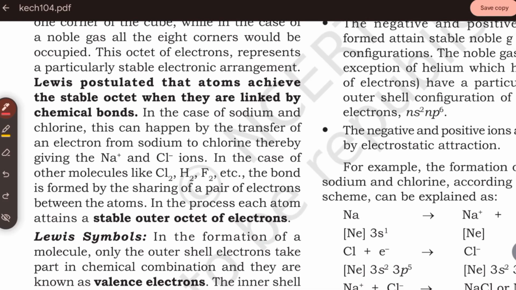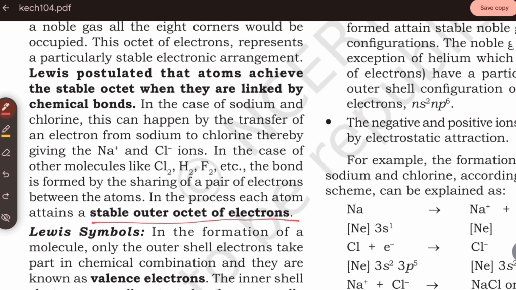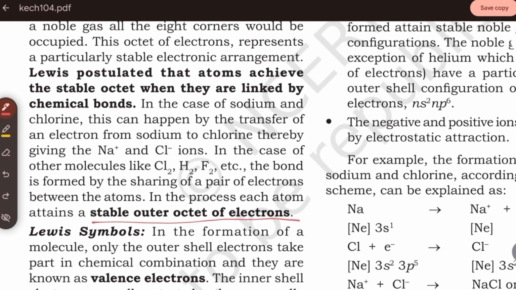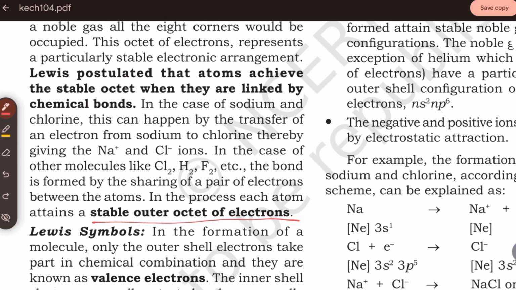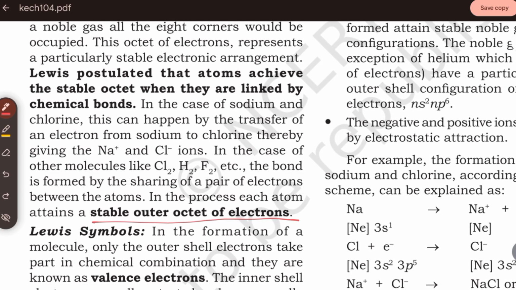The Lewis symbol says that the stable outer octet of electrons, the one which I just now said, is the tendency of the atoms to get a stable octet configuration, 8 electrons in its outermost shell, and if possible a duplet configuration.